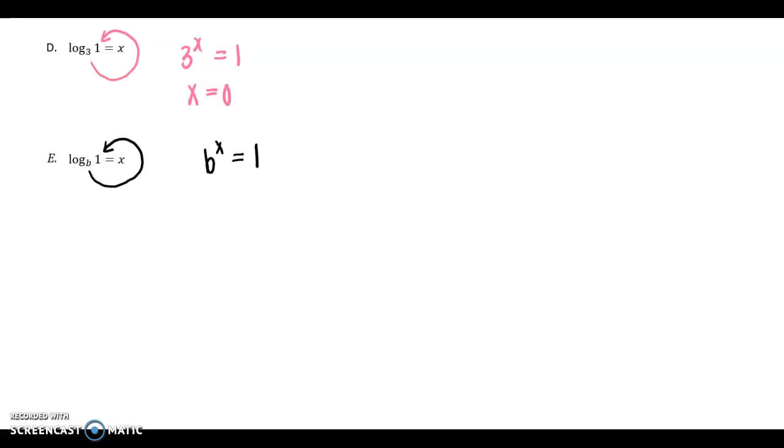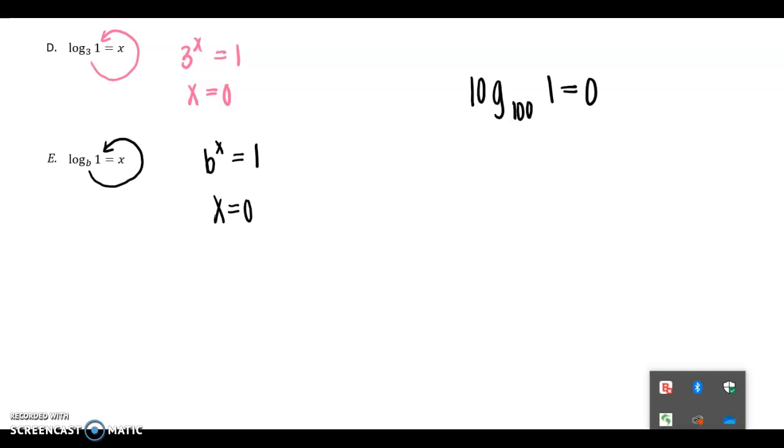Same thing, if I raise b to the 0 power, that's going to give me 1. So x is equal to 0. And this is just saying that b could basically be any base. So now if I have something like log base 100 of 1, that is going to be 0. So log base b of 1 will always be 0.